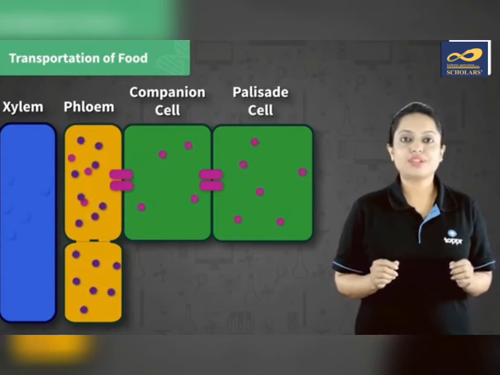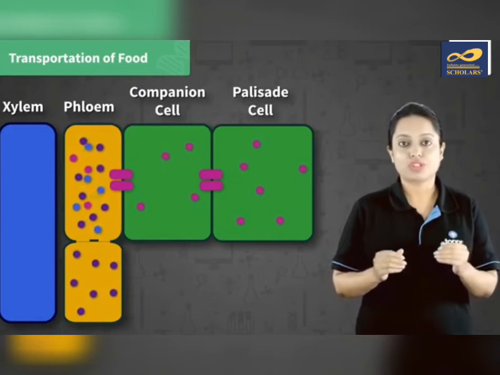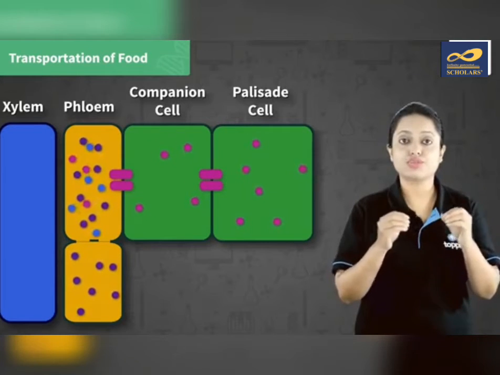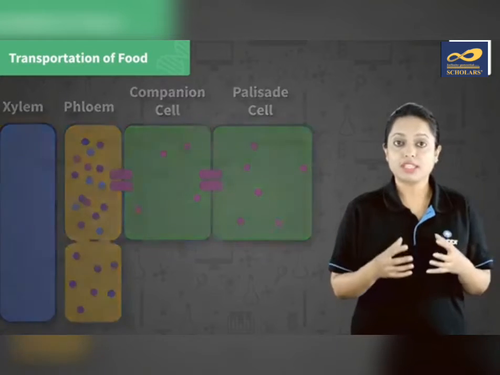Now, water from the surrounding xylem cells enters these sieve tubes through osmosis. And now, from here this food solution is transported to all the parts of the plant. This water serves as the transporting medium in plants, similarly as blood serves as the transporting medium of food in us.